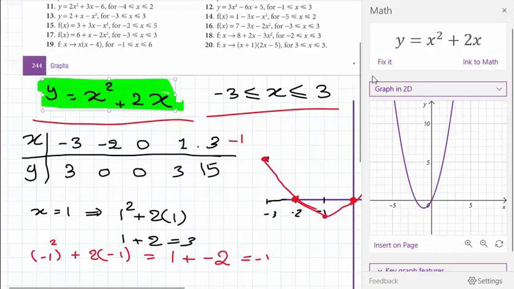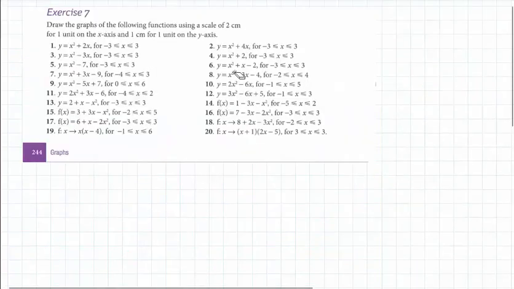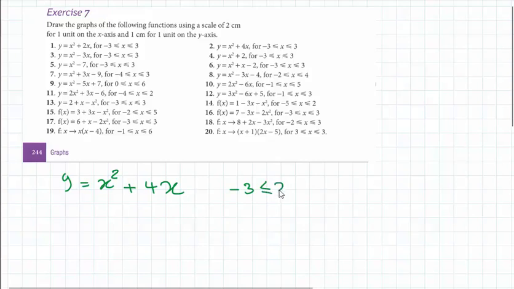Then question 1 is done. Question 2, y equals x squared plus 4x. Again, from -3 to 3.